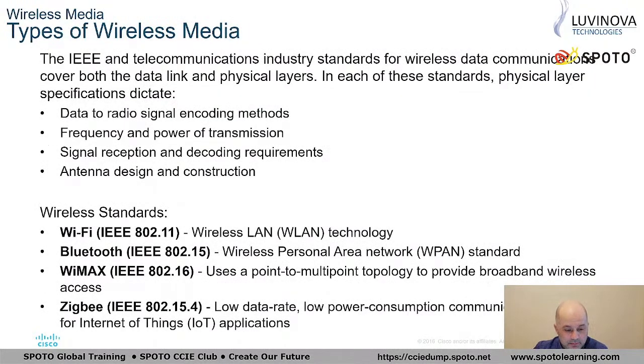Types of media. For the types of wireless media, we have a standard, and this standard is called 802.11. Of course, there are different variations of these standards, which we know as Wi-Fi A, B, G, N, AC, AX, or the latest abbreviations, Wi-Fi 5, Wi-Fi 6.